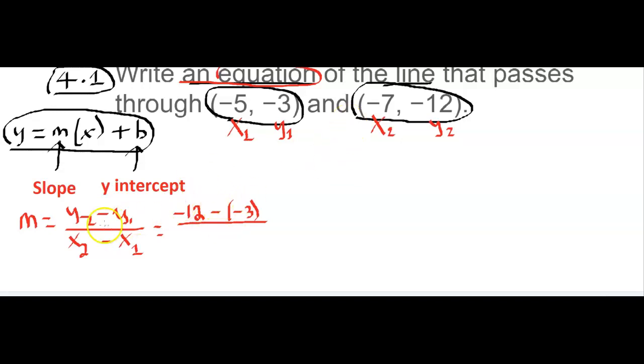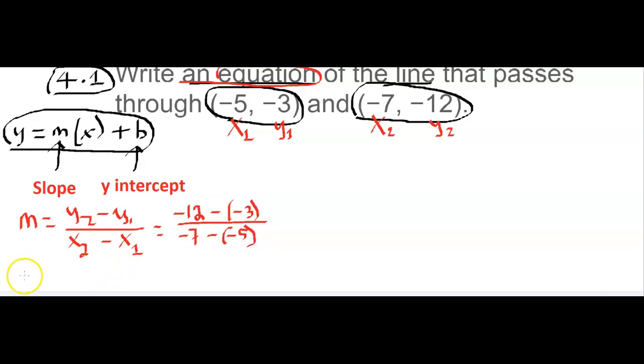So remember, y2, which is -12, minus y1, which is -3, divided by x sub 2, which is -7, minus x sub 1, which is -5. And again, there's another negative right there.